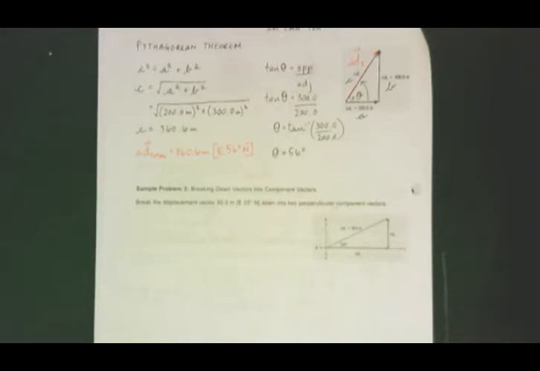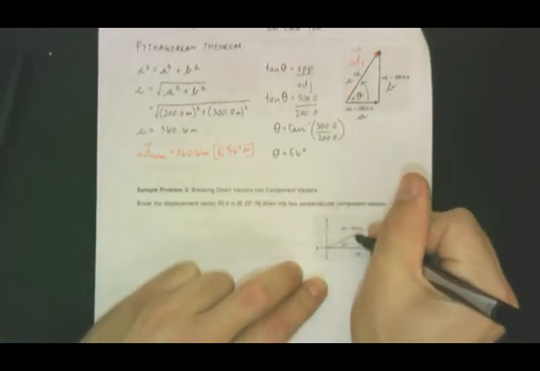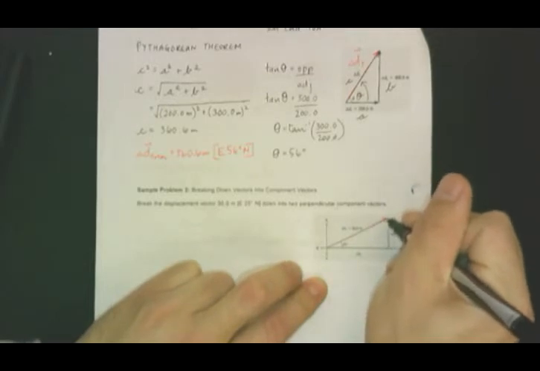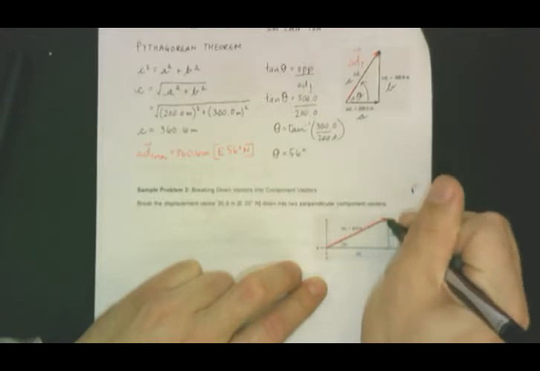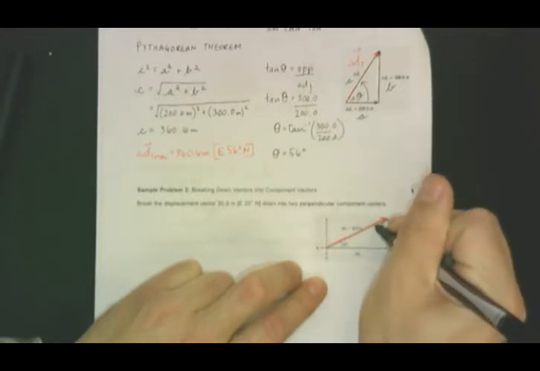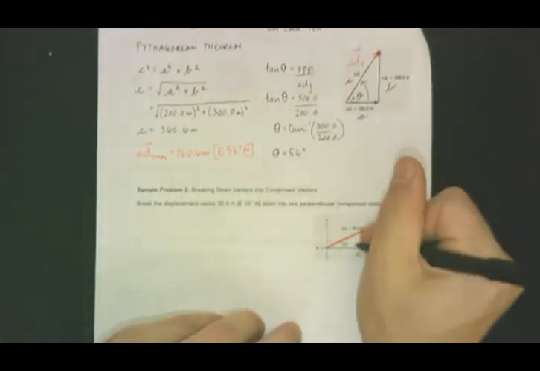In this next example, we have a vector, and the vector is 30.0 meters (25 degrees north of east).